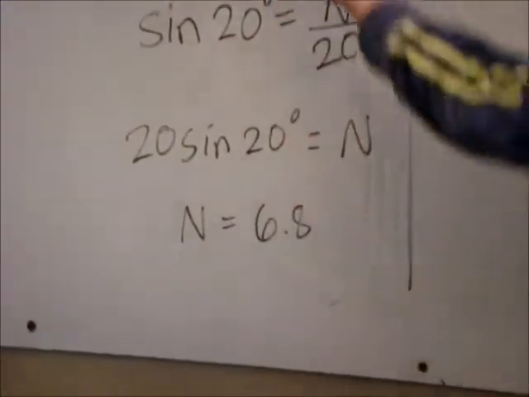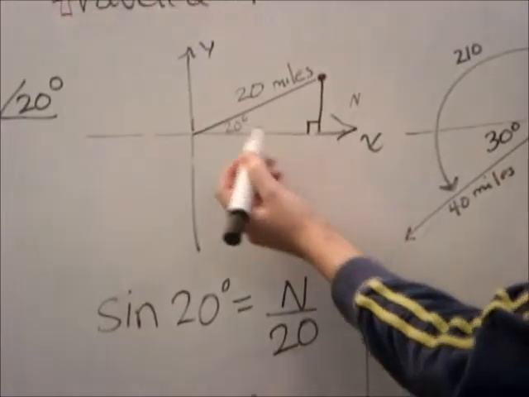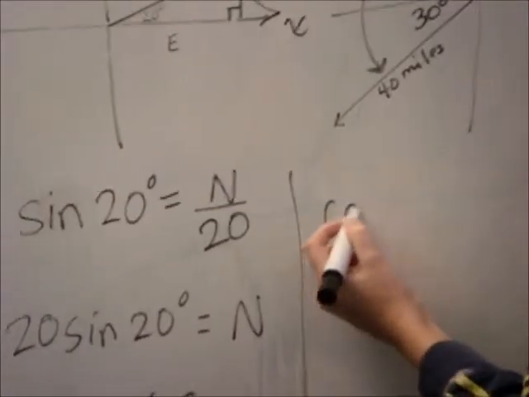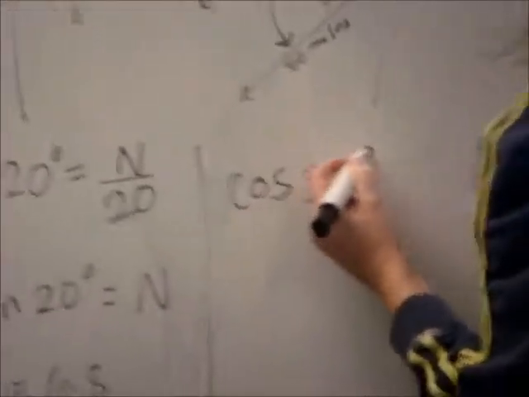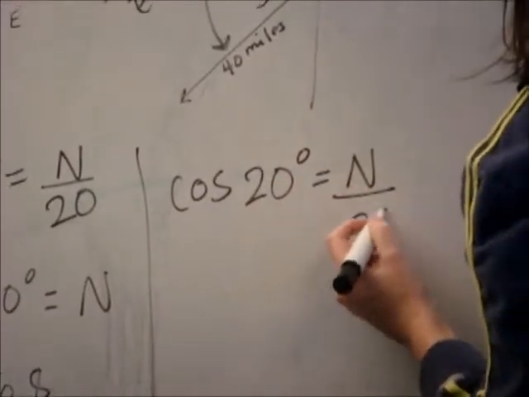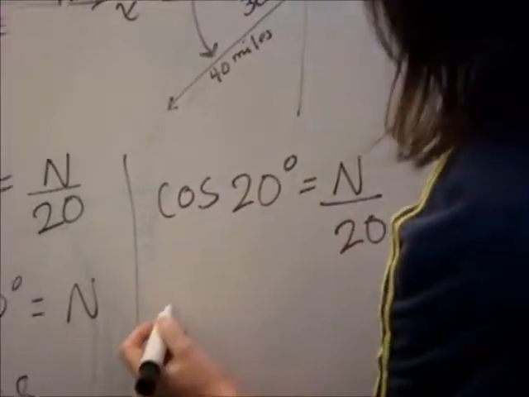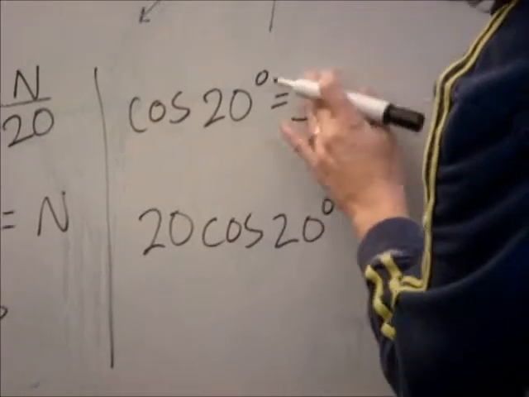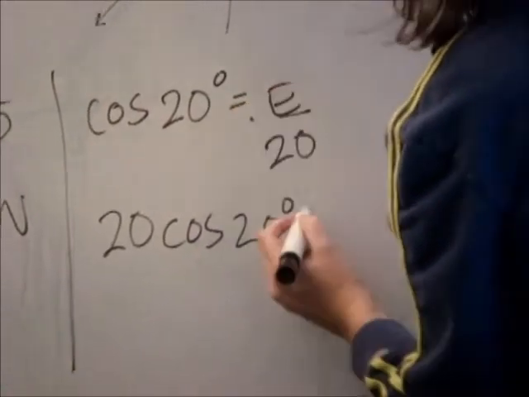Then we're going to do our cosine. We need to find our east. That's going to be adjacent. So the cosine of 20 degrees equals east over 20. And that would be 20 cosine of 20 degrees equals east.